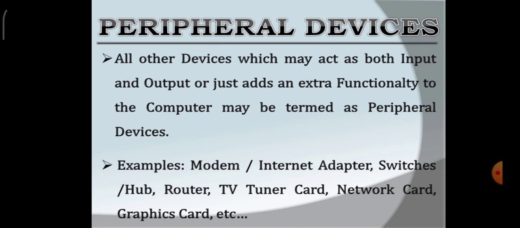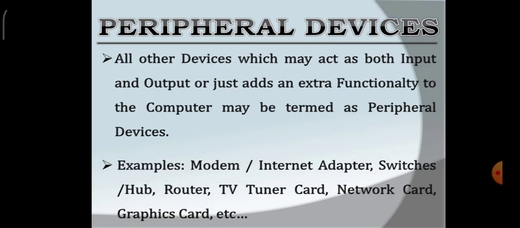Internet adapters, switches. Switches, you may see it in an internet center, where you will have a lot of Ethernet cables, and many green color lights will be glowing on it, indicating the connectivity of all the systems. That is called a switch.